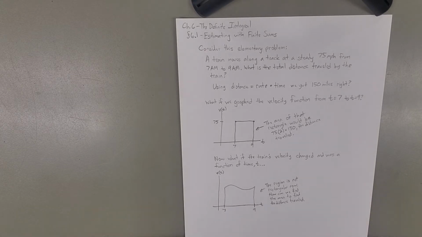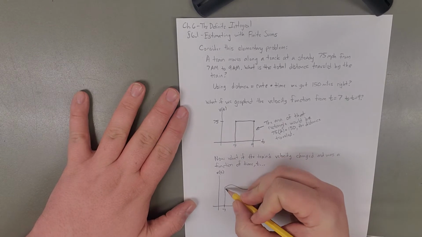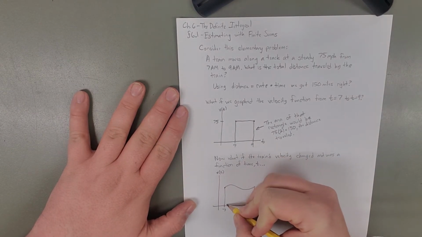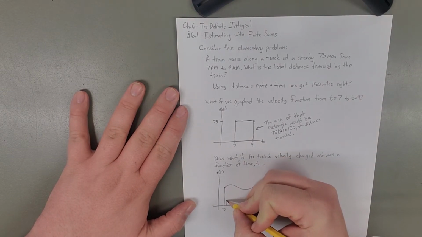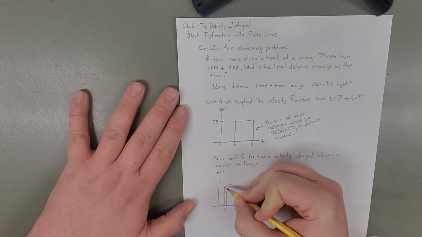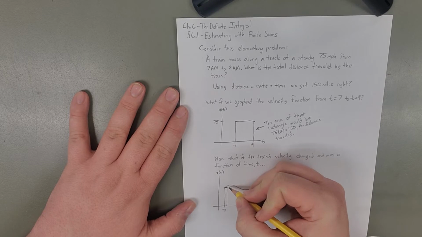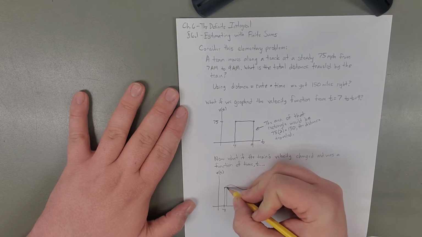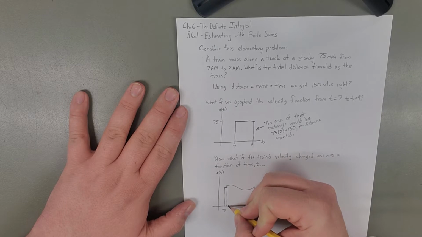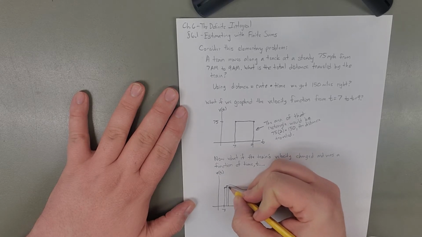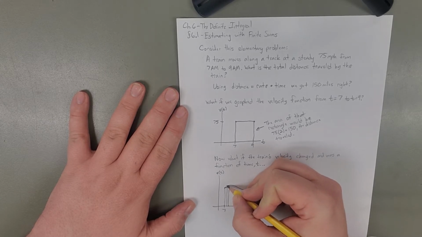One way to do this is to set up little bitty rectangles underneath the curve. We have to pick a height for the rectangles, how high they're going to be. So you could use the endpoints of each of these little mini intervals between 7 and 9, and maybe we're using the left endpoints.